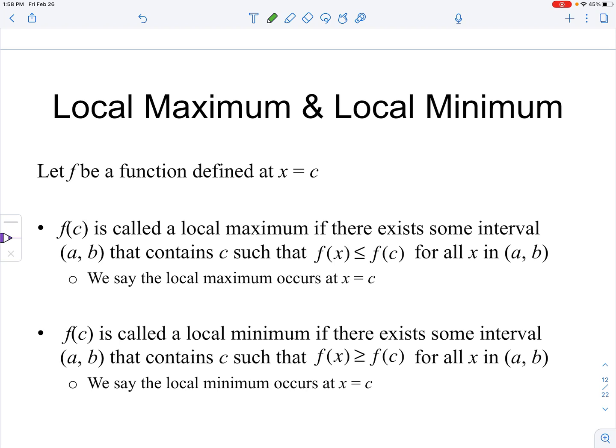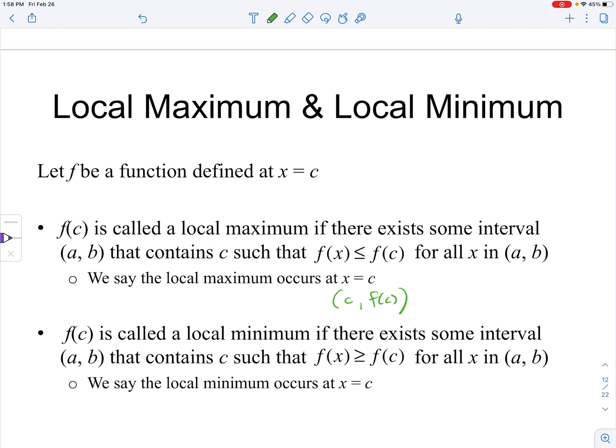Okay, and then we could say that the local maximum occurs at x equals c. Or you could also describe the location as the actual point, which would be c comma f of c. So you can describe using the x value or the actual point.